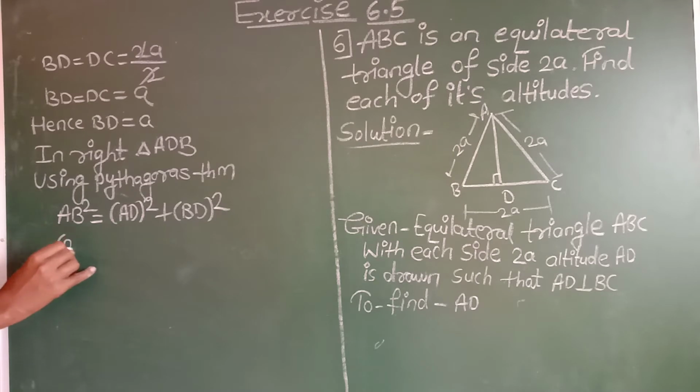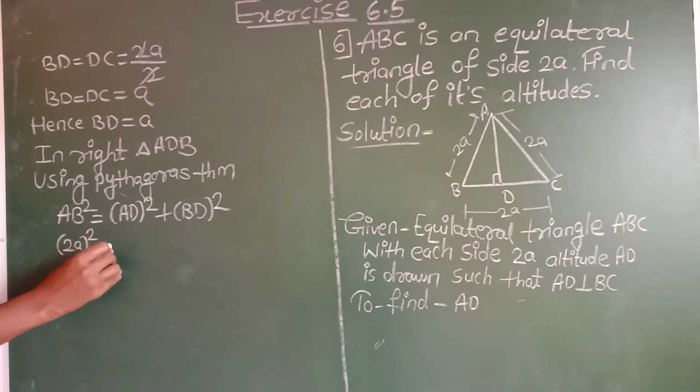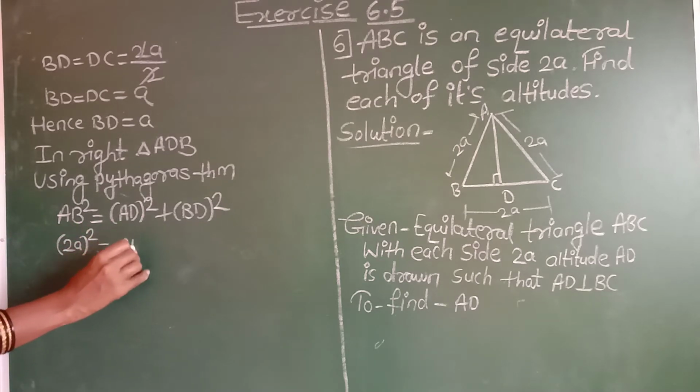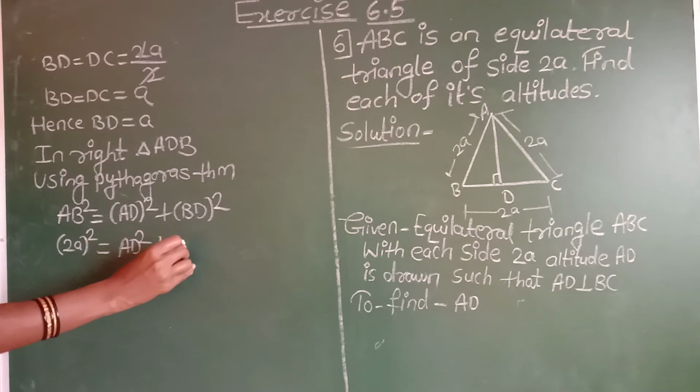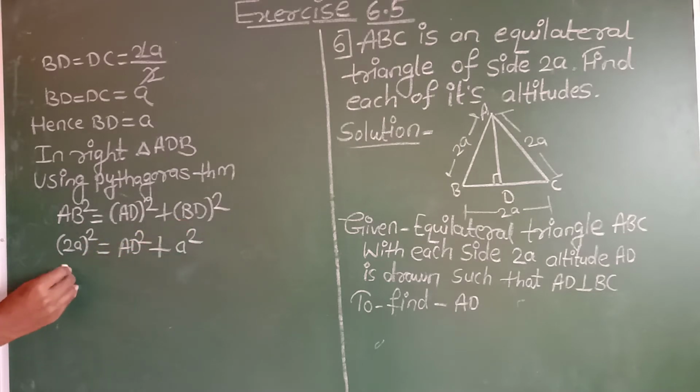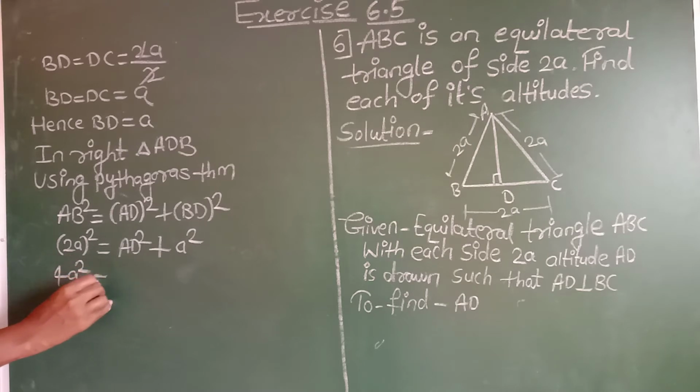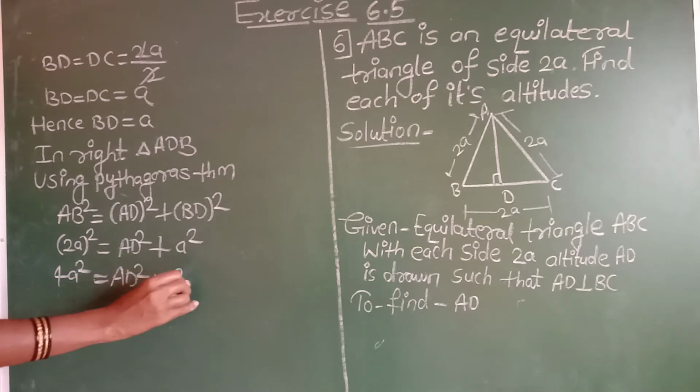We know that AB is 2a, and BD is a. So 4a square is equal to AD square plus a square.